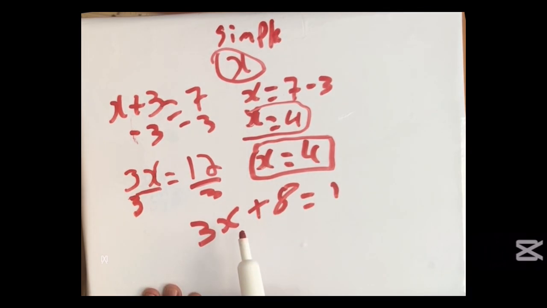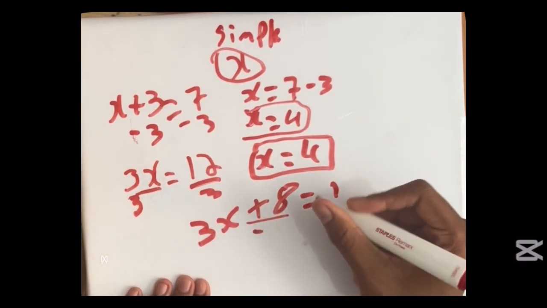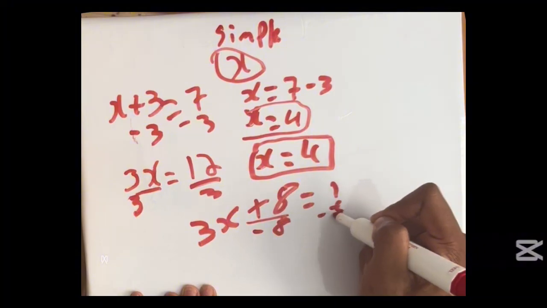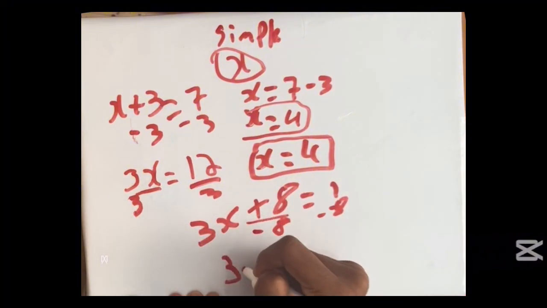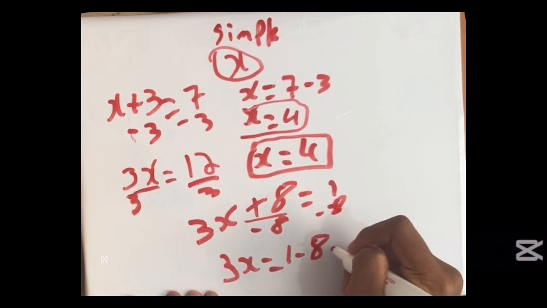In this case, we're going to do the subtraction first, right? PEMDAS. So subtract 8 from both sides, which gives 3x equals 1 minus 8.